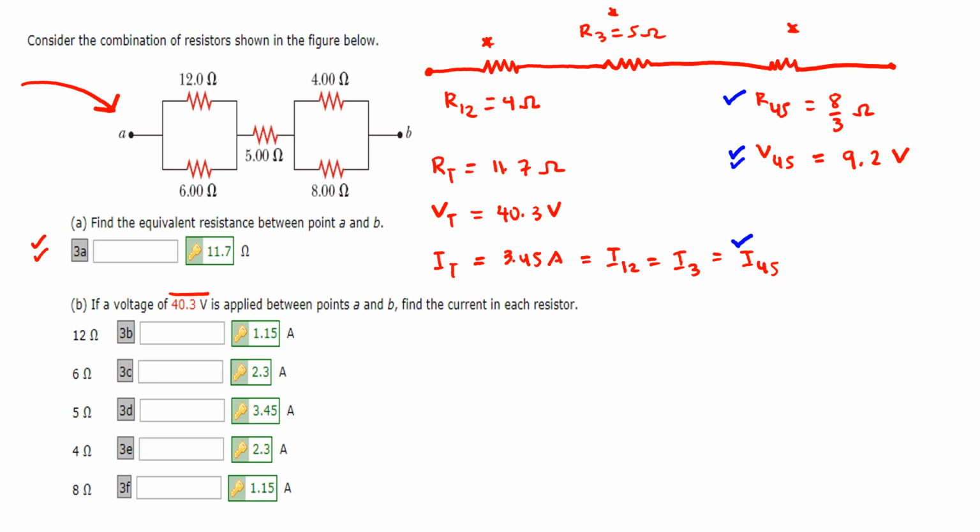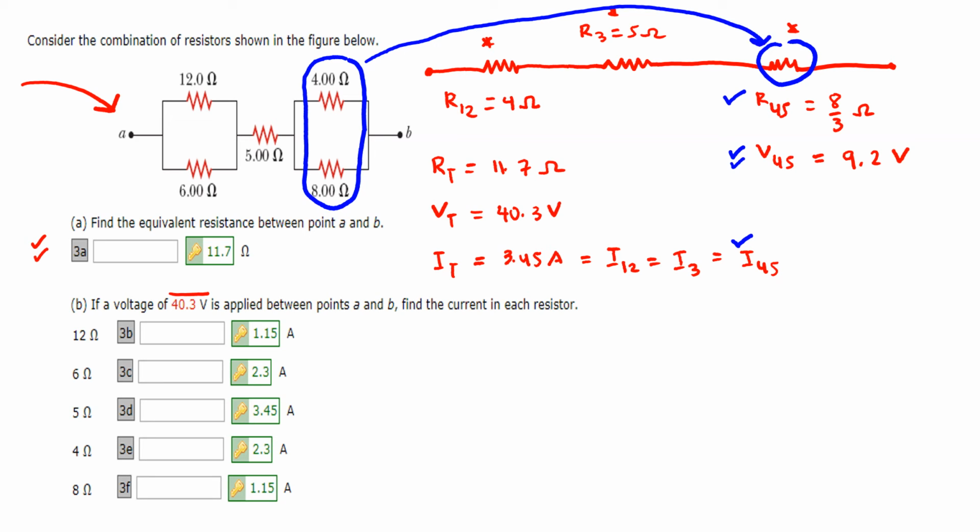Remember that R45 is just the parallel combination of these resistors, and in a parallel combination the voltage across each resistor is the same. So V45 is equal to voltage 4, and that's equal to voltage 5.